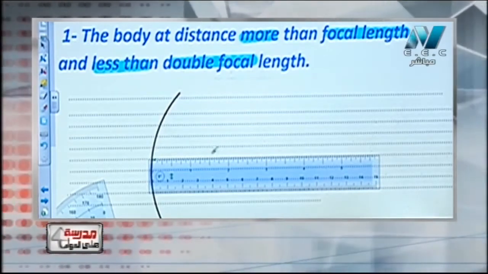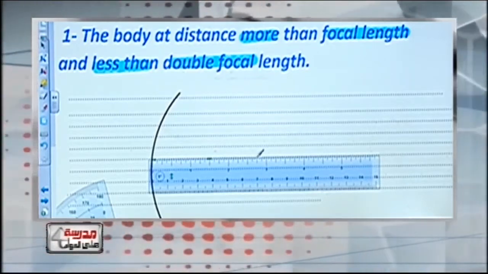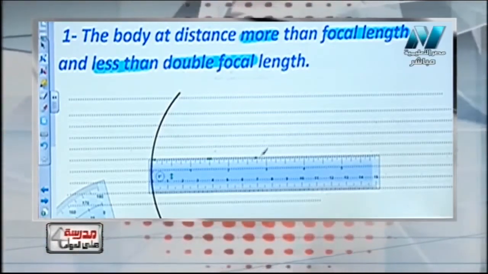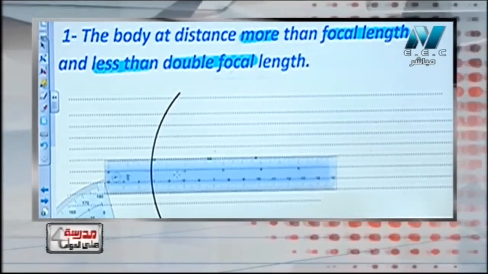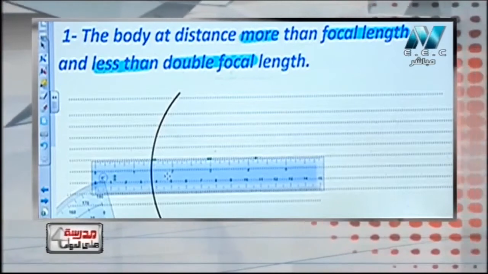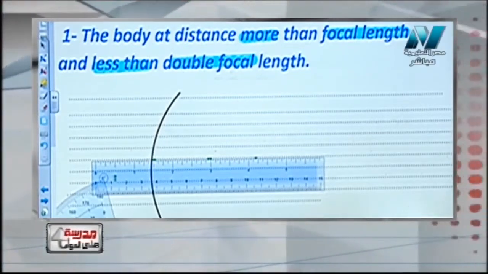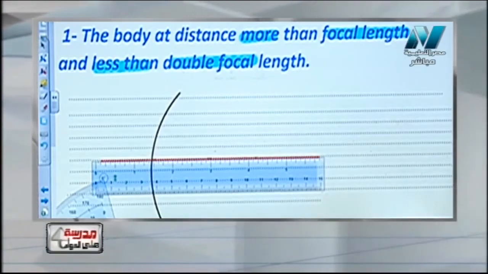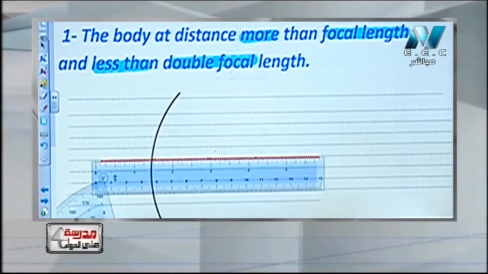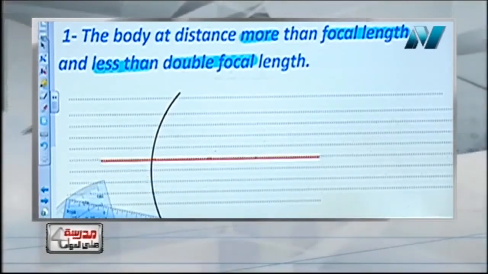So 0, for example, 3, 6. In this case the object is at a distance more than the focal length but less than double the focal length, and by using the ruler we measure as we see in front of us.